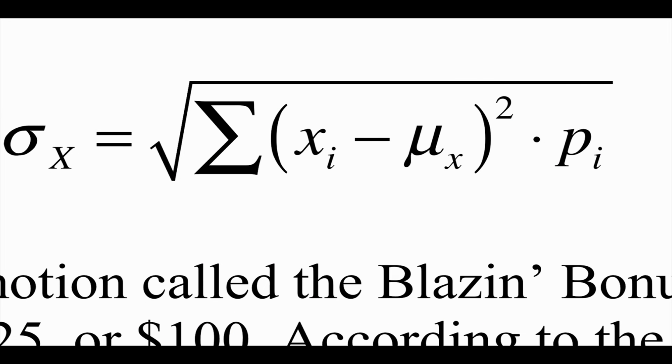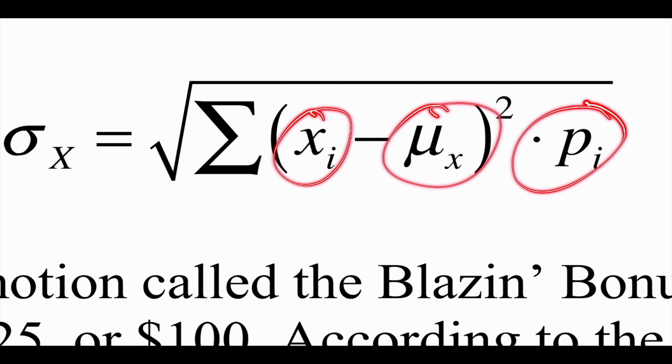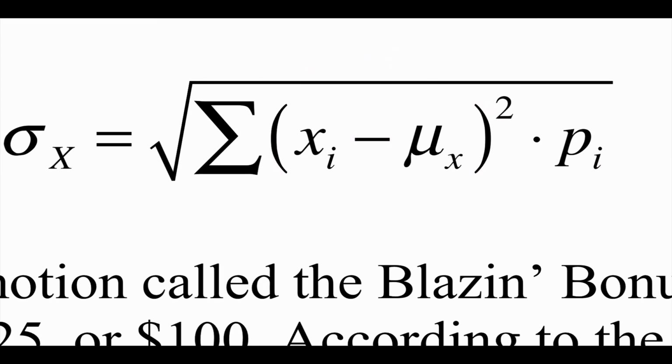Looking at those letters, some of them should look familiar. Besides the Greek E, the Greek E we just saw, so we know we're going to have to add up. Some of these other letters should look familiar too. Two of them should look really familiar because we just used them.